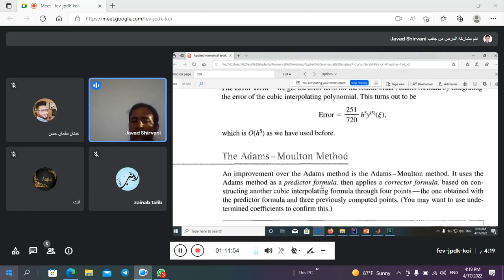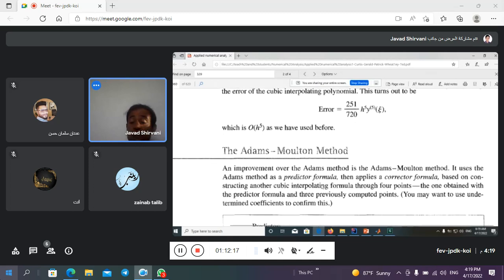It uses the Adams method as a predictor formula, then applies a corrector formula based on constructing another cubic interpolating formula through 4 points: the one obtained with the predictor formula, and 3 previously computed ones.